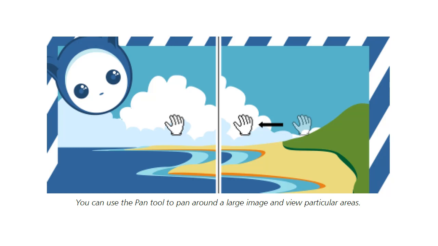When you work at high magnification levels or with large drawings, you may not be able to see the whole drawing. Panning and scrolling let you move the page around in the drawing window to view previously hidden areas. You can zoom in and out while you are panning, and you can pan while you are zooming.